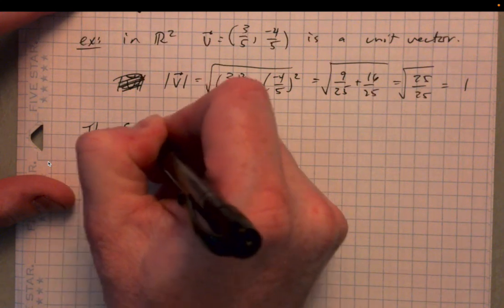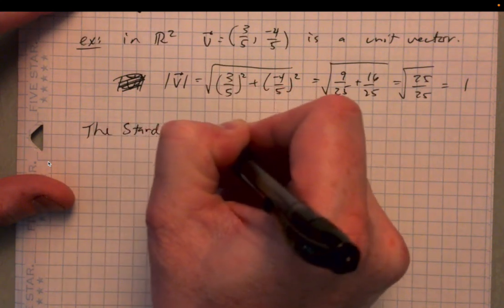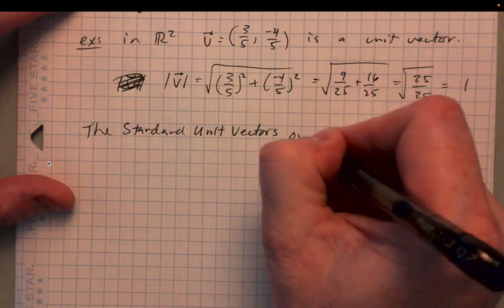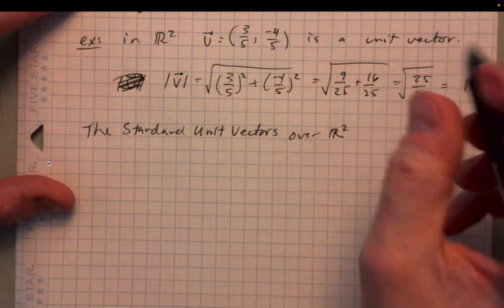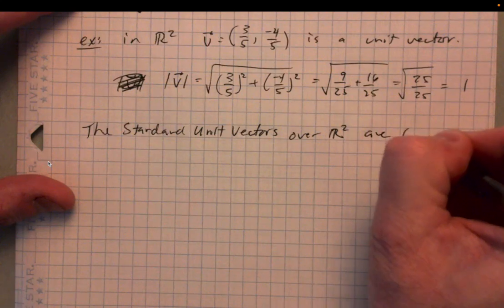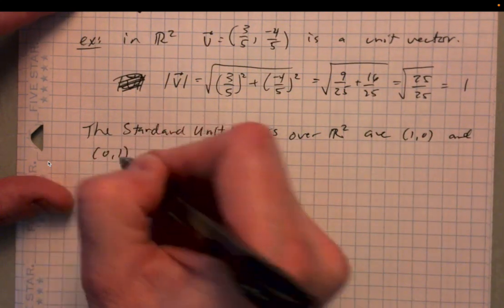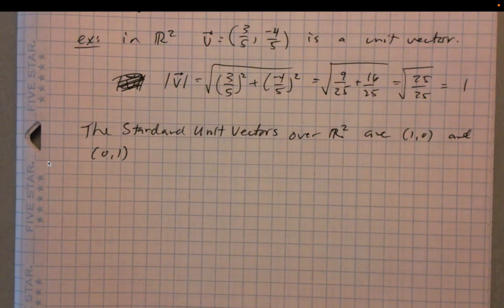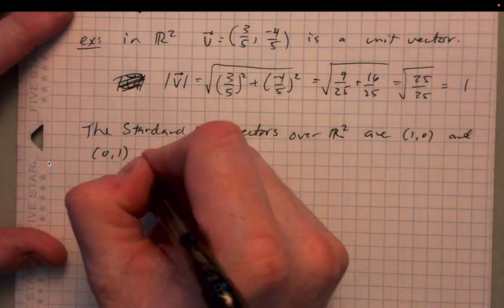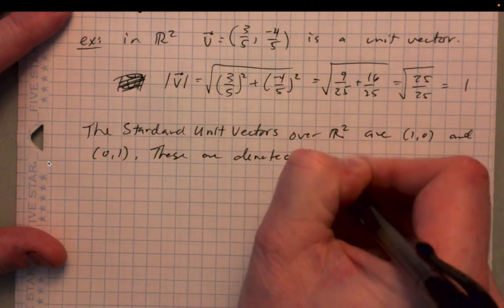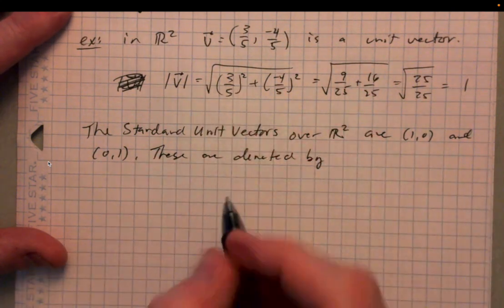So the standard unit vectors over R2 are 1, 0 and 0, 1. And so these have special denotation. These are denoted by an I or a J.